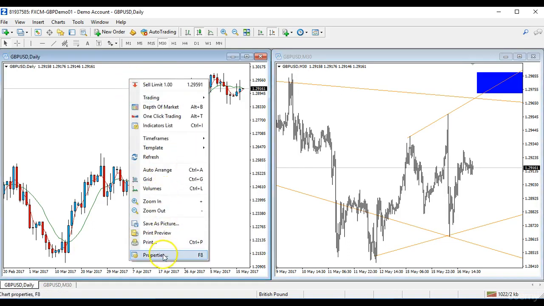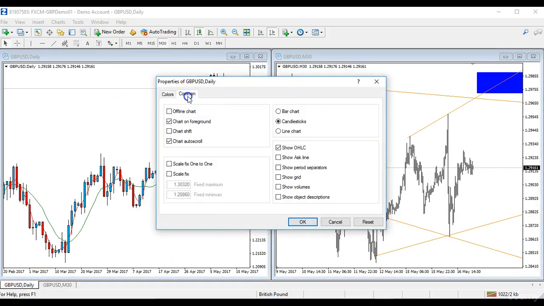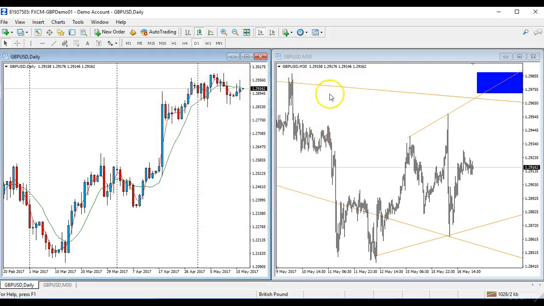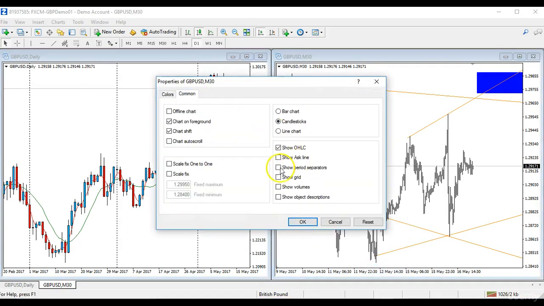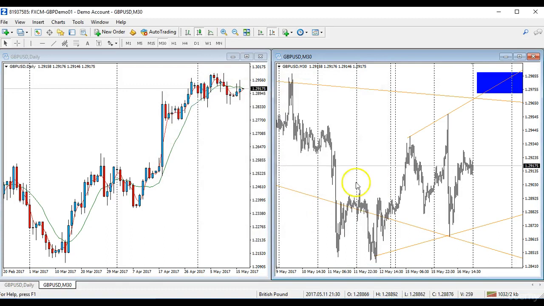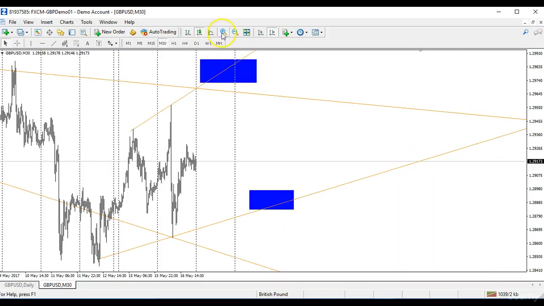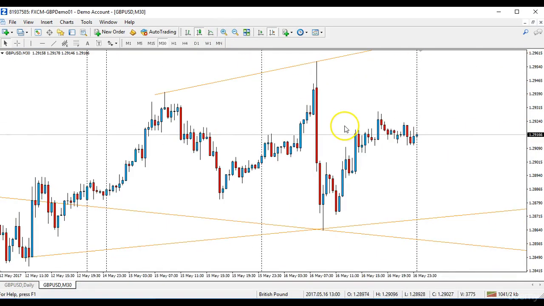If I go to properties and put the period separators in, and I do the same for the 30-minute chart, the 30-minute chart's separators are each showing a period of 1 day.